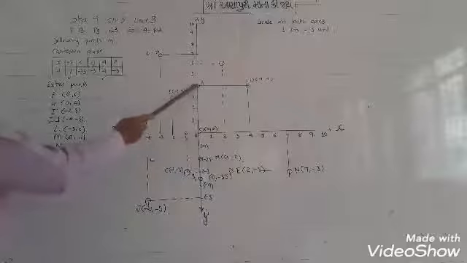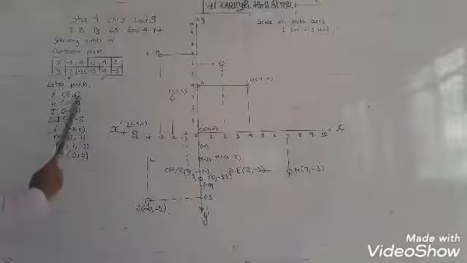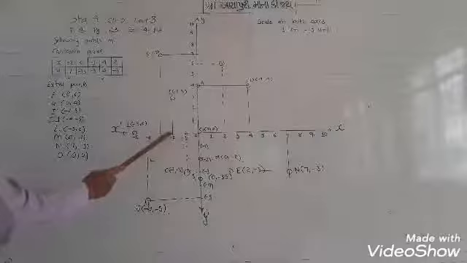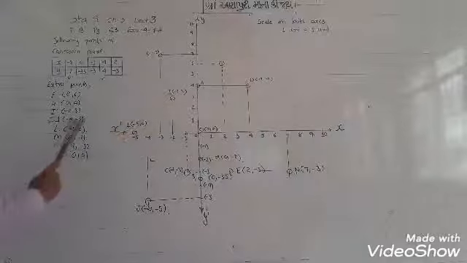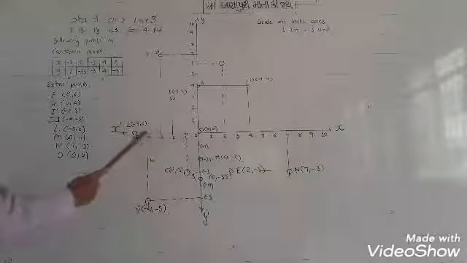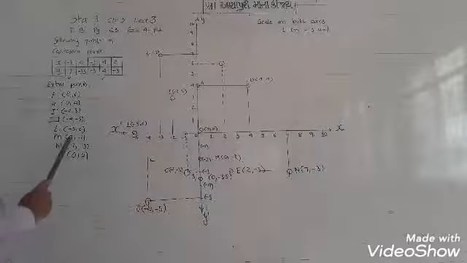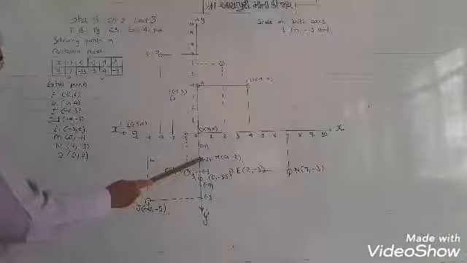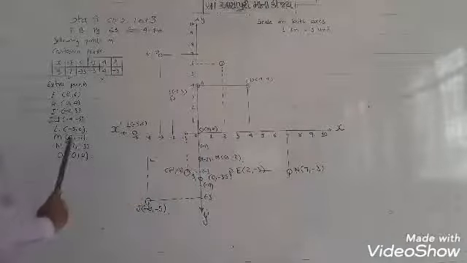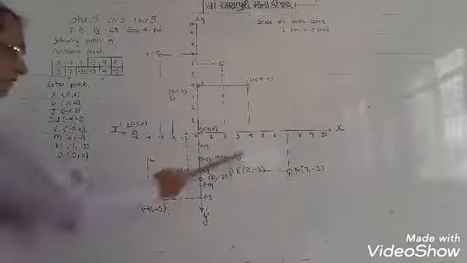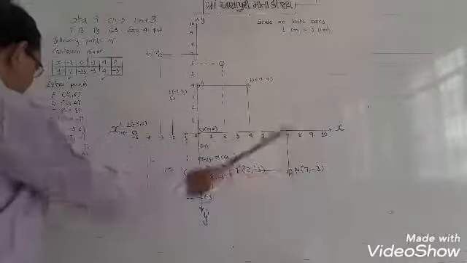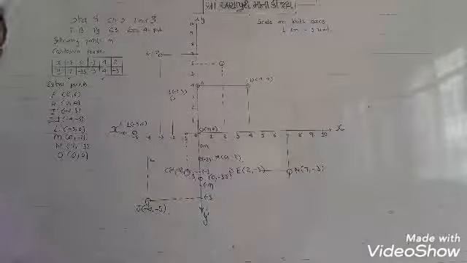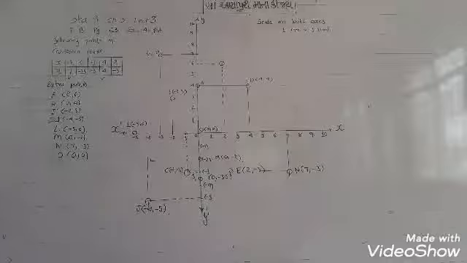Then -2 3, -4 -5, 0 -2, 0 minus 2. Okay, 7 minus 3, and last 0 0, that is your origin.